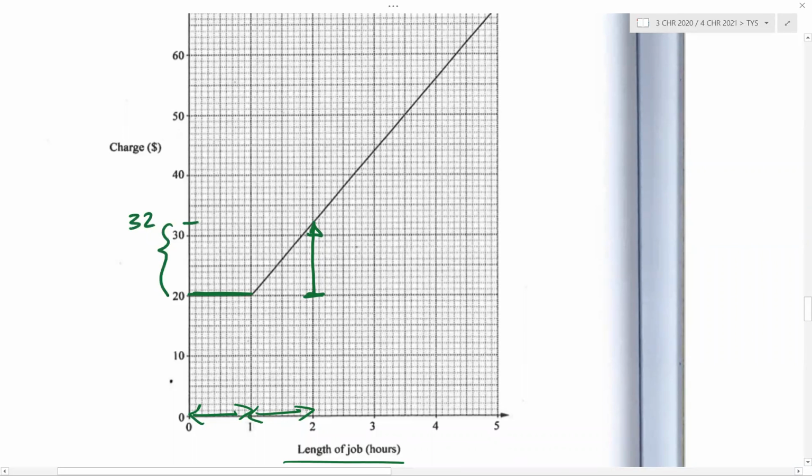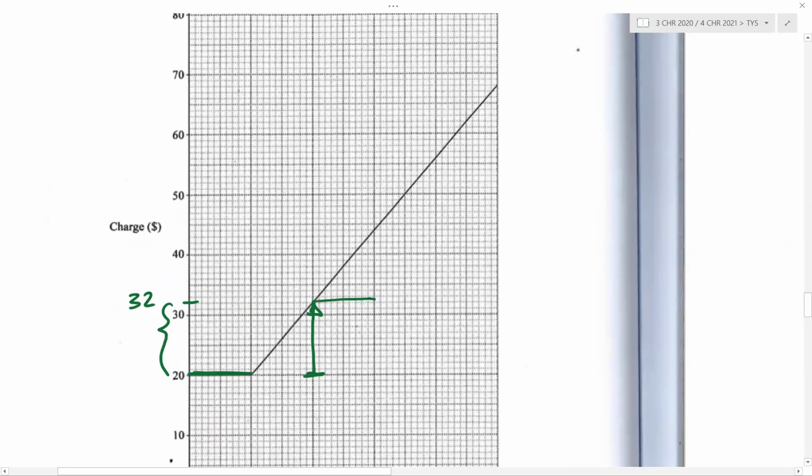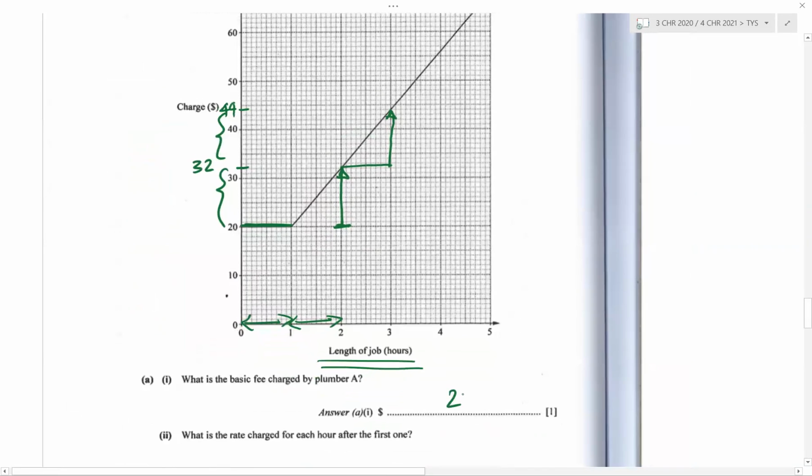What about the next hour? In the next hour, it went from 32 to 44. What is the increase? And so on and so forth. So what is the basic fee charge? It is $20. What is the rate charged for each hour after the first hour? We see that there is an increase of $12. Increase by another $12, you keep increasing by another $12.